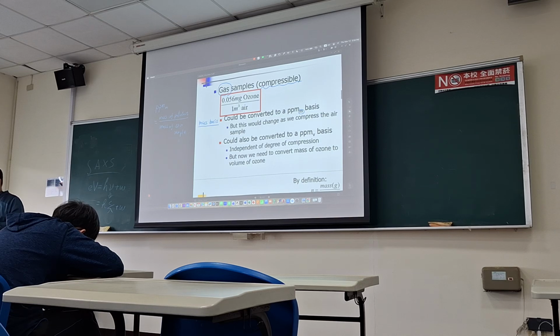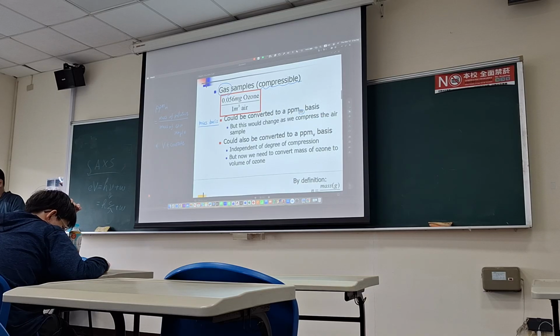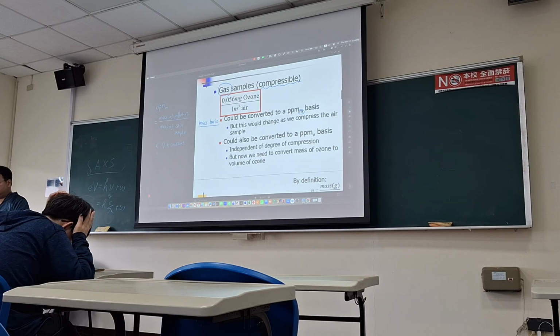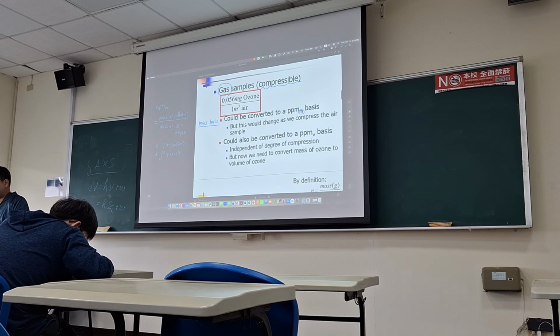Because gas is compressible, there are two important key points that you need to notice. The first one, the volume is not constant. The volume can be changed. And the second one, the density is not constant as well. Because your volume changes, your density is impossible to be constant.